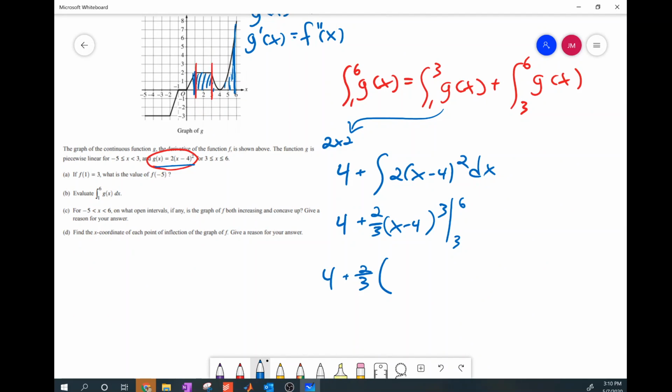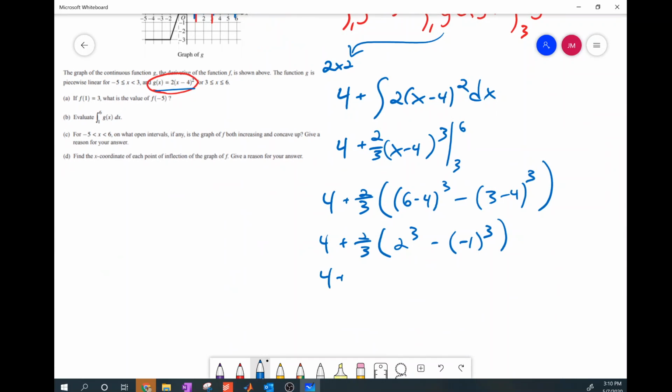That's going to be 4 plus 2/3. I'm going to take out the 2/3. This is going to be 6 minus 4 cubed, plus, subtraction, always subtraction, plus 3 minus 4 cubed. So that's 4 plus 2/3, 2 cubed minus -1 cubed.